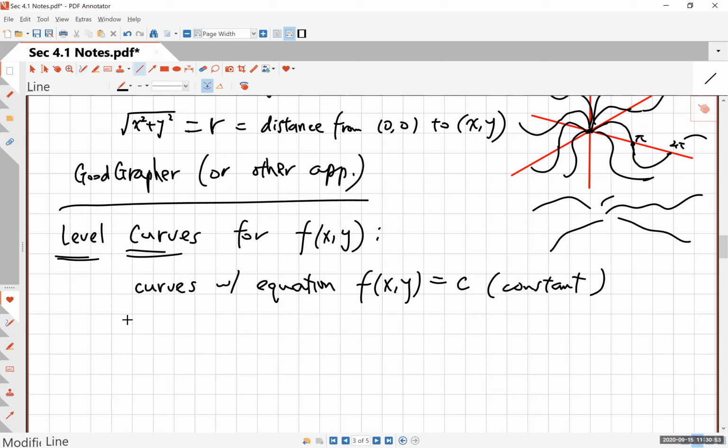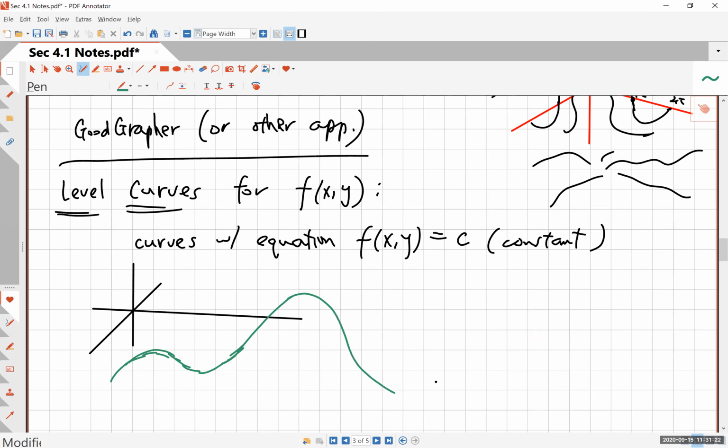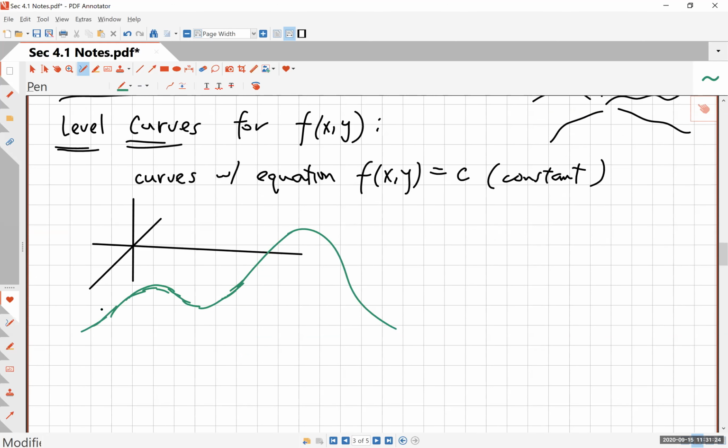Now here's a picture, just briefly, of this. If you have a function, let's draw this with a nice color like this. Let's say you have nice green hills. So maybe something like this, and then maybe a much higher hill over here. And this is a smooth curve.